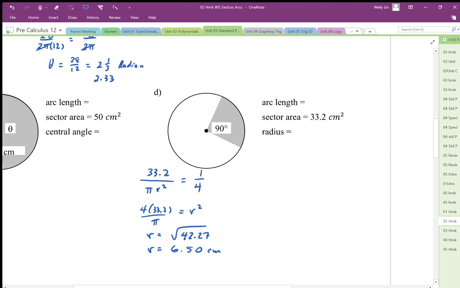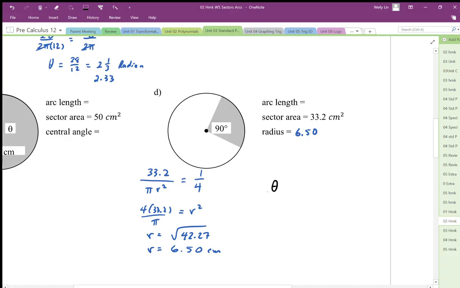Okay, so the radius is 6.50, and then we can work out the arc length based on the formula here. So the arc length basically is going to be theta times the radius, and we can get this formula from this.